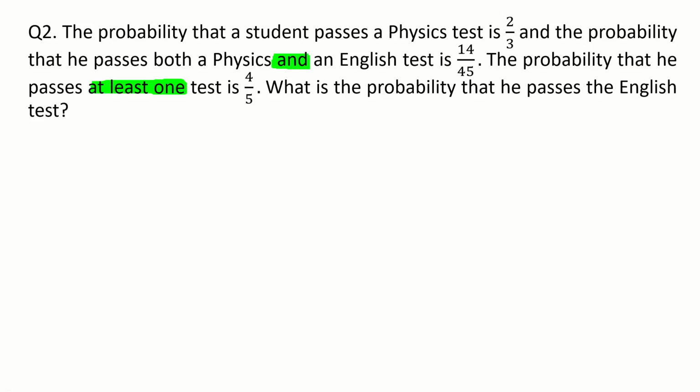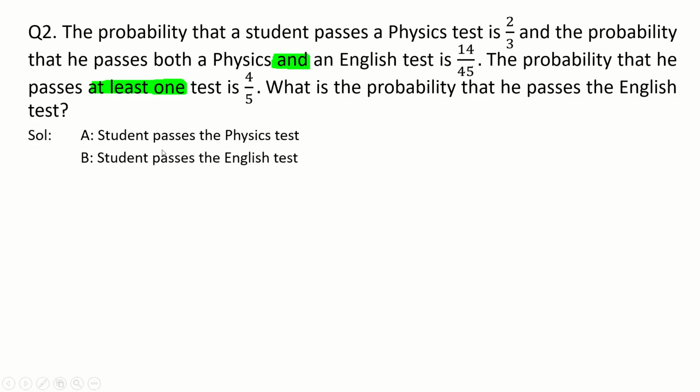So union of two events. So what are the two events? Physics and English. Therefore the two events must be passing a physics test and passing an English test. So let us write the event as event A: student passes the physics test, and event B: student passes the English test.